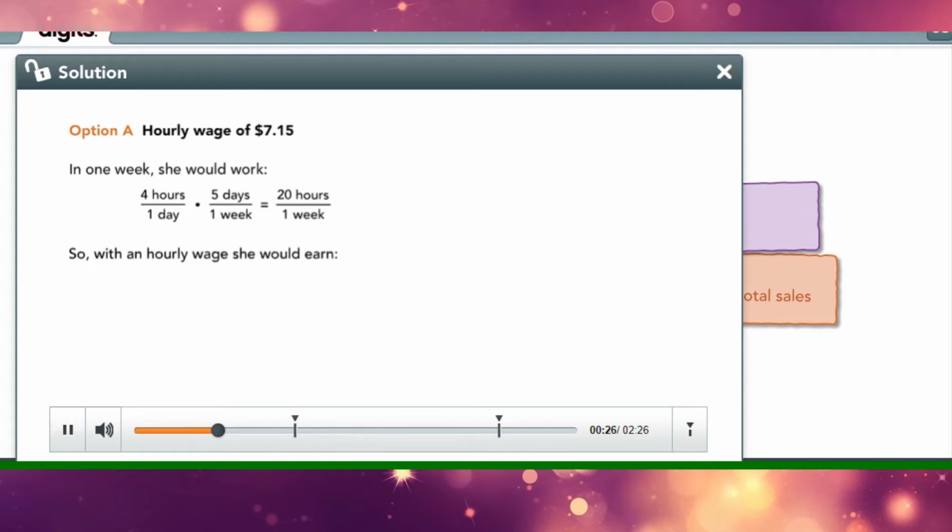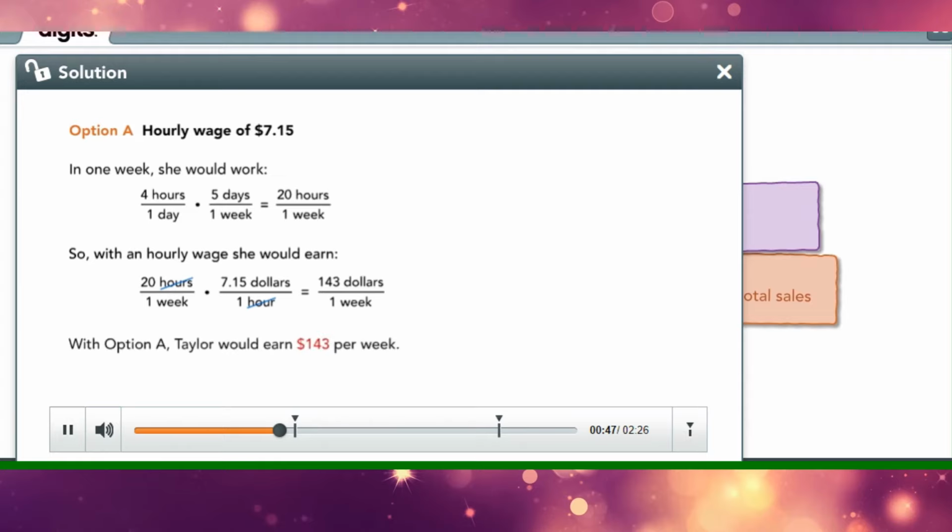So, with an hourly wage, she would earn 20 hours per week times $7.15 per hour, or $143 per week. With option A, Taylor would earn $143 per week.